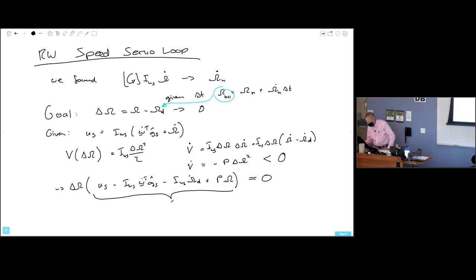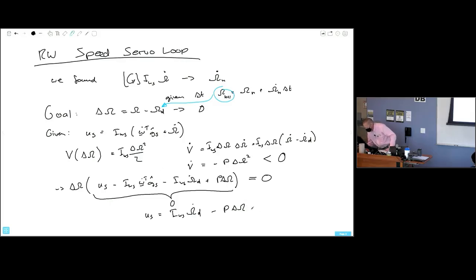So that's what we have, again. Hopefully this starts to look very familiar. Different algebra, different math, but it's the same logic we apply over and over. And if you do that, if this is 0, then US ends up being, let's see, this goes to the right-hand side, so I will have IWS big omega d. I will have minus P delta omega.